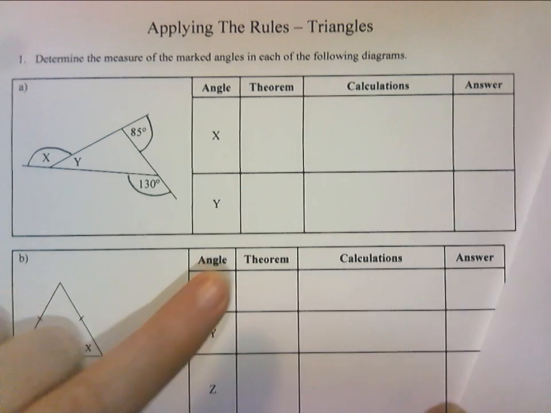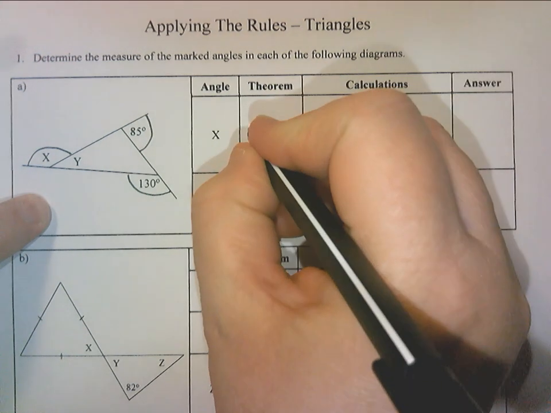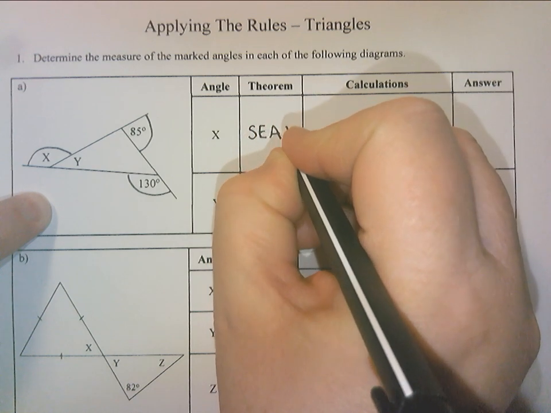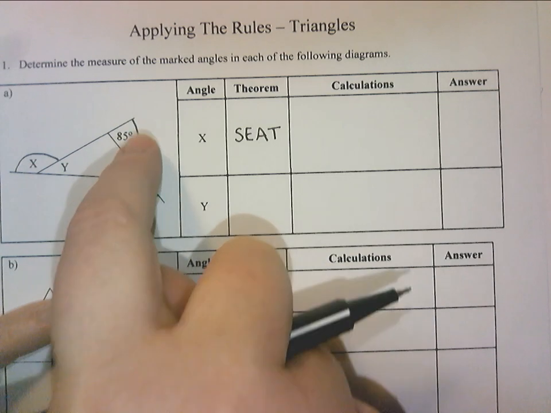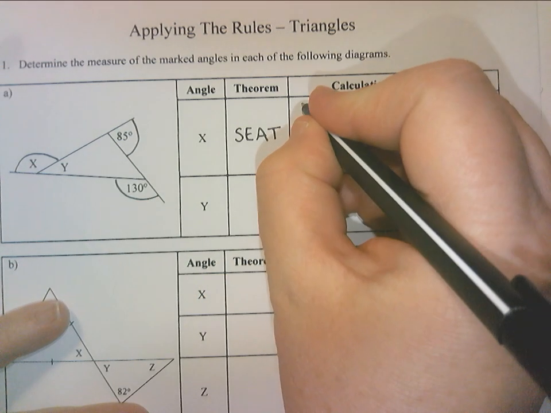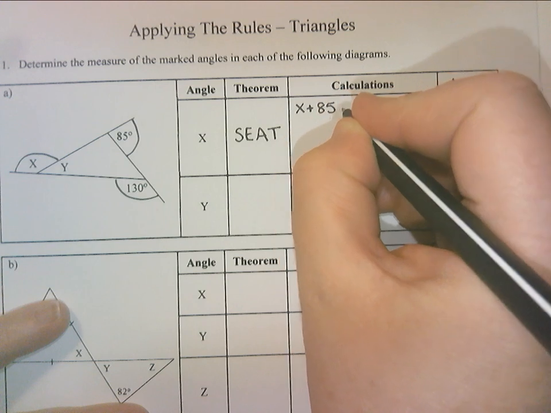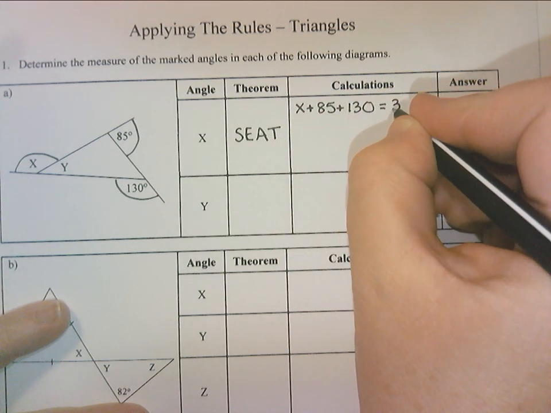So we're going to start with angle X. I'm going to use SEAT, the sum of the exterior angles theorem, and it says that these 3 outside angles add to 360. So X plus 85 plus 130 equals 360.